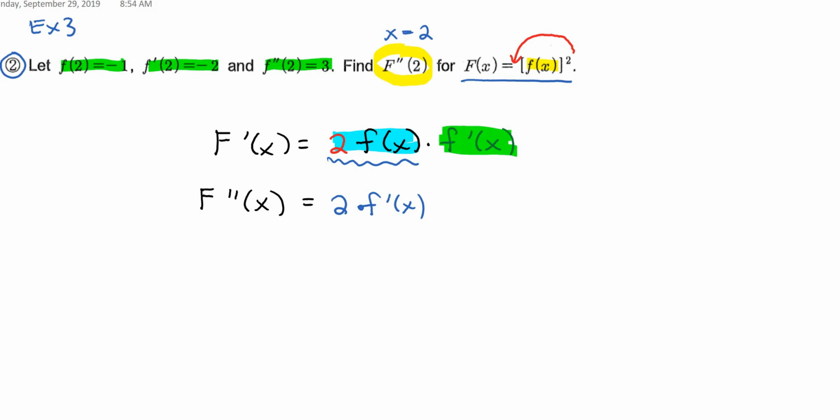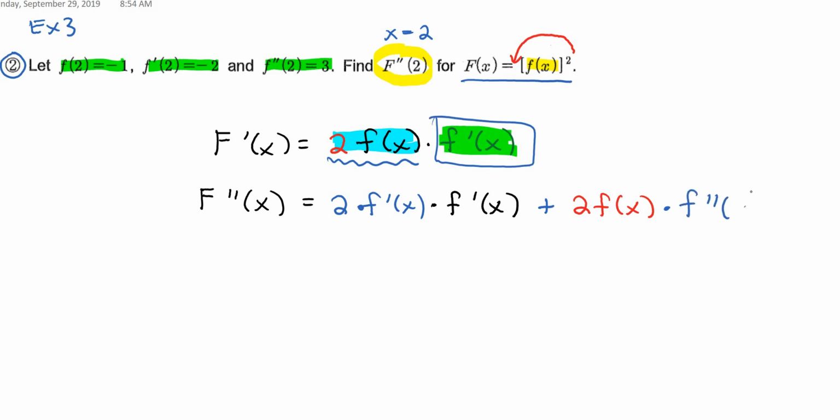Then I copy out the second term, which is f prime of x. The product rule states that I need to add the first term, which is 2f of x, times the derivative of the second term. Since this is f prime of x, the derivative of that is f double prime of x. All right, so that's my second derivative using the product rule.